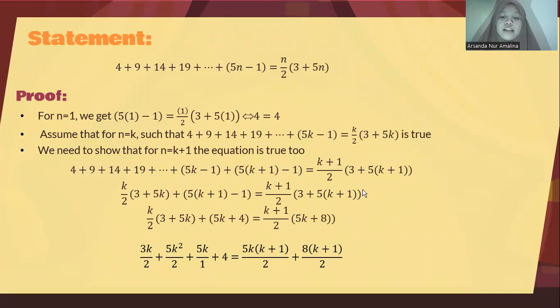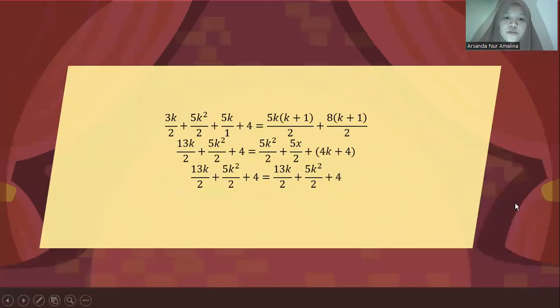Then we have the second equation, and we simplify it like this, and we have the final conclusion that the left side of the statement is equal to the right side.